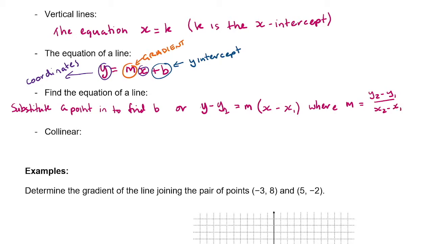And those points x, y, and x1, y1, and x2, y2 are all on the line.